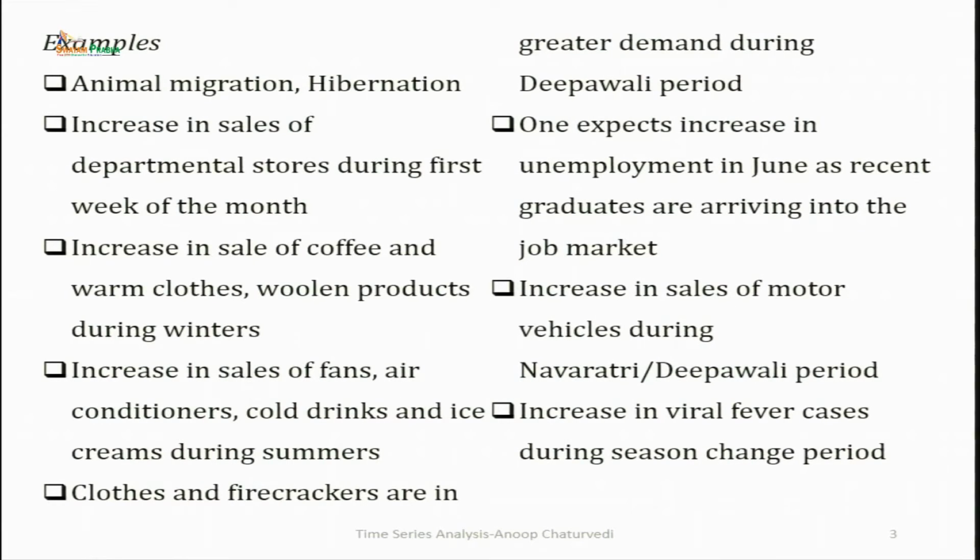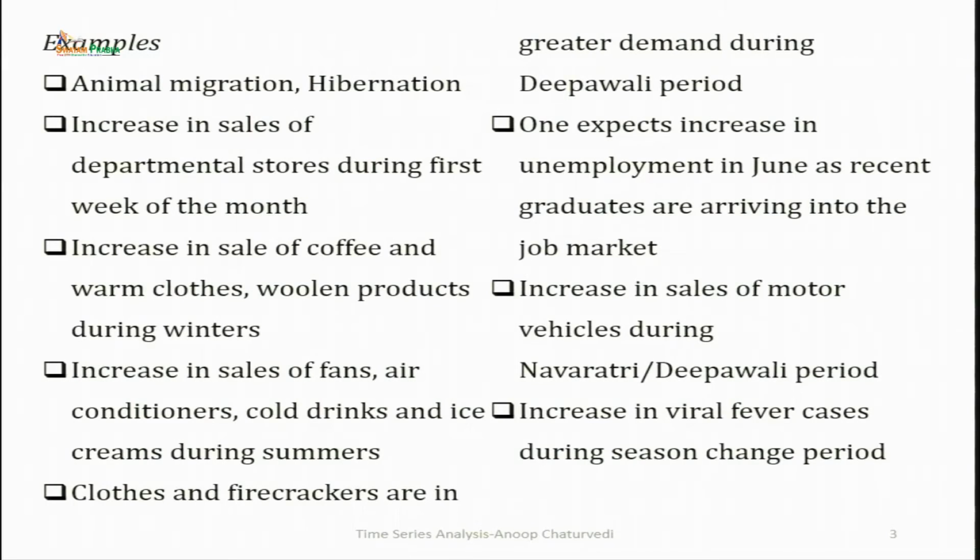During summers, people prefer to buy air conditioners because the weather is hot, or they prefer to eat ice cream. Clothes and firecrackers are in greater demand during the Deepavali period. So, during the Deepavali festival period, demand for these two things increases.